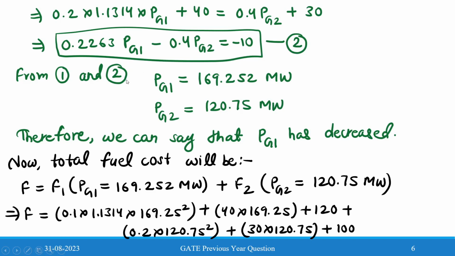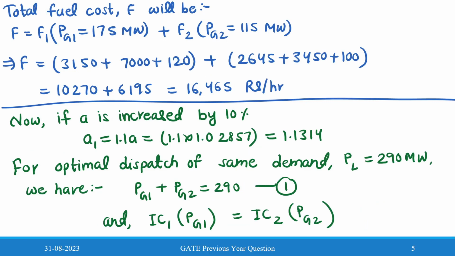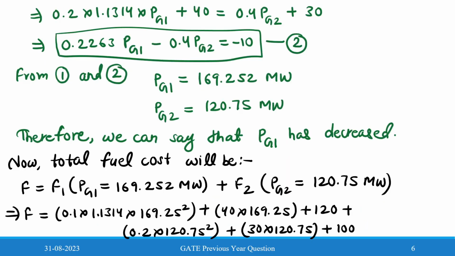From the first and second expressions, we get Pg1 equal to 169.252 megawatt and Pg2 equal to 120.75 megawatt. Therefore, Pg1 has decreased; earlier Pg1 was 175 megawatt. With an increase of A by 10%, for economic dispatch Pg1 decreases.